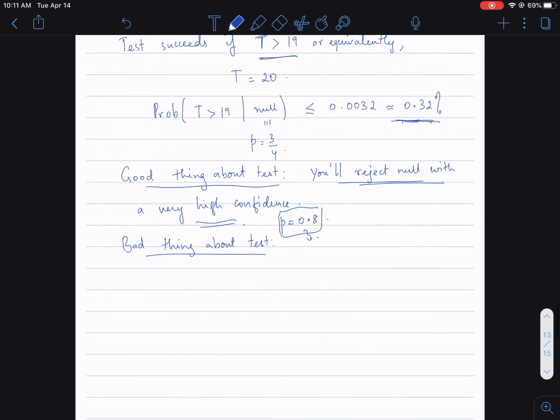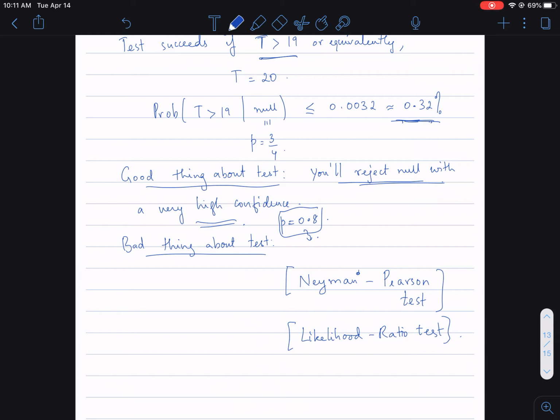In fact, to fix this, there's a more sophisticated test that we will not look at in this course, but for those of you who are interested, there are lots of statistical tests, and one of them is called the Neyman-Pearson test, which is a more sophisticated way that takes this phenomenon into account. There's also the likelihood ratio test, which also captures things of this nature.